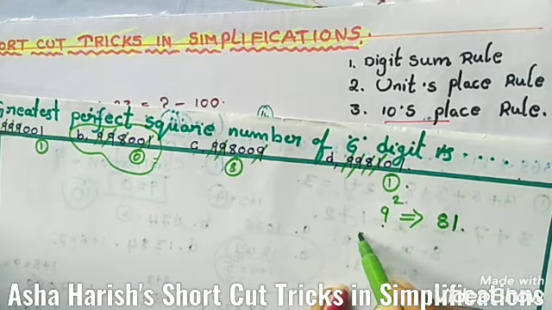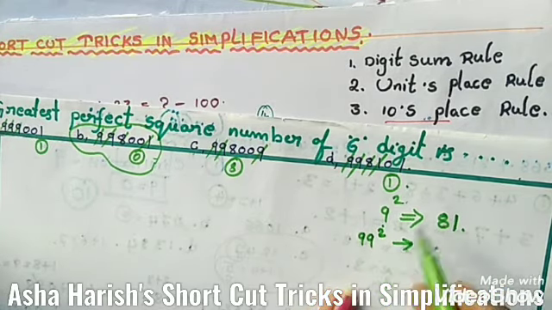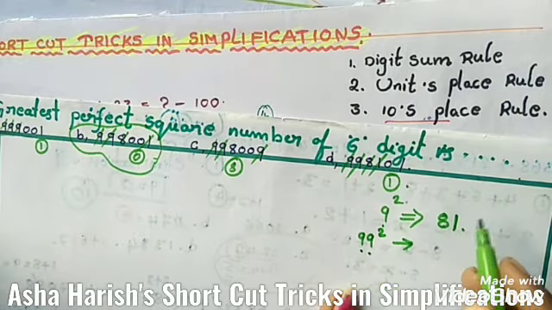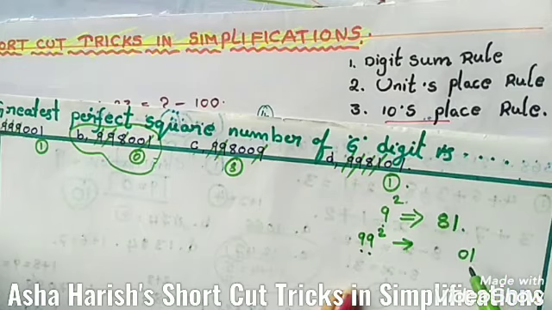Let us see the next example. 99 square means here 2 digit number, so last should be 01. This 1 should be subtracted from this 99, so how much number you get? 98. So 99 square means 9801.